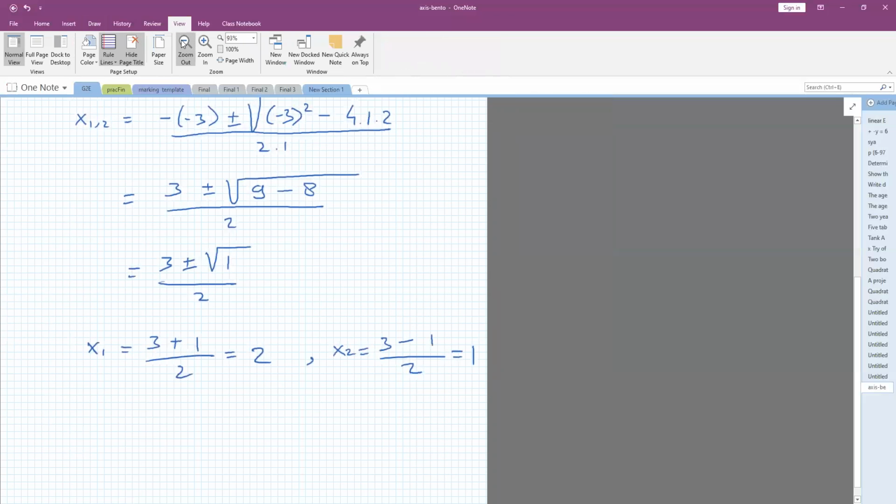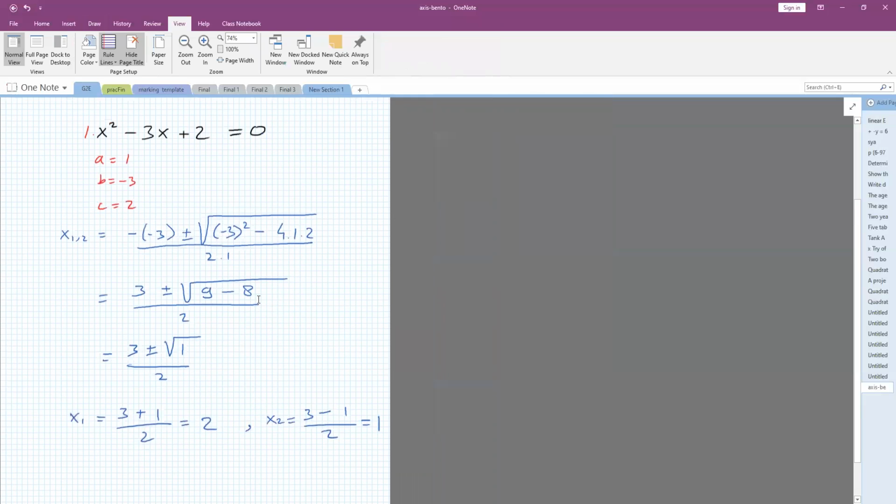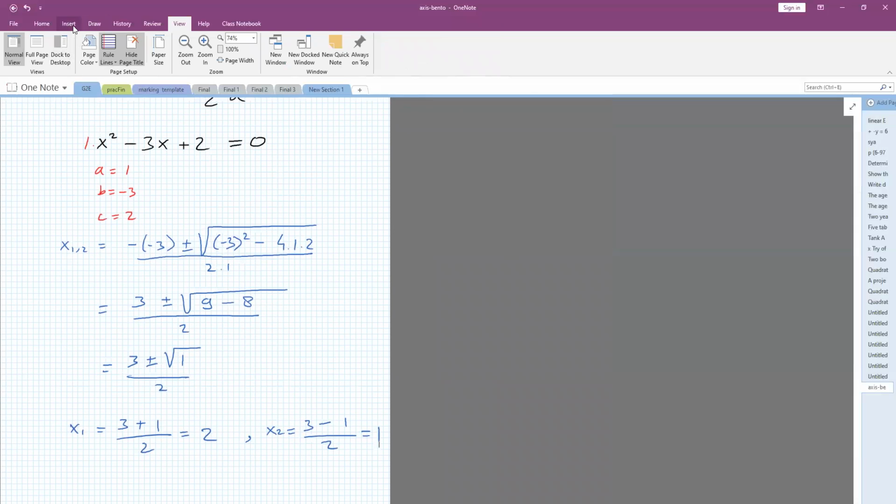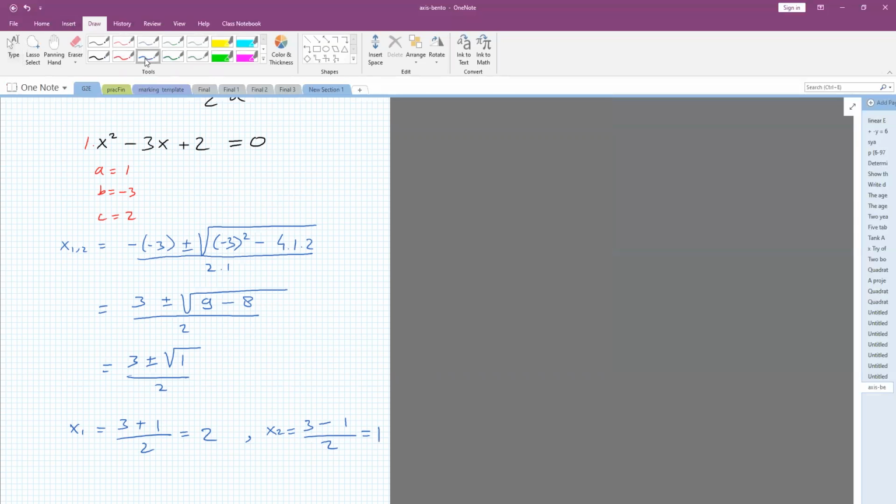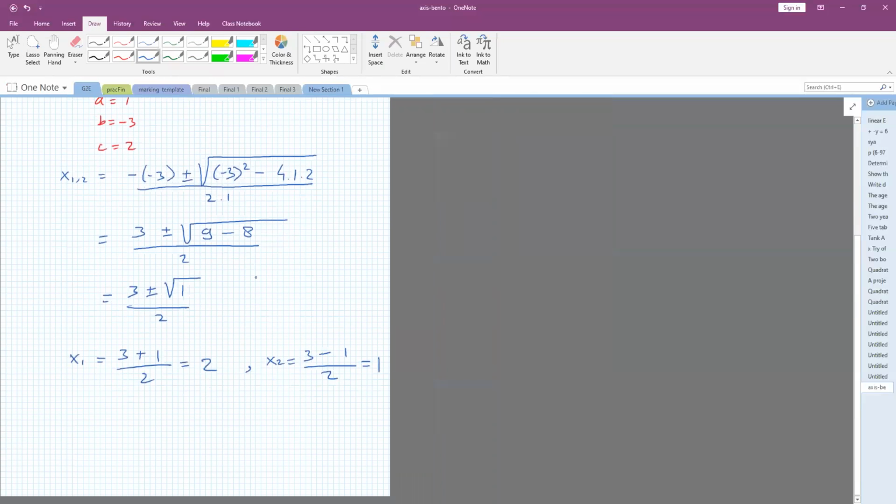And the thing is like this. If you look again at the quadratic equation that we have here, x squared minus 3x plus 2 equal to 0, it originates from the so-called quadratic function f(x) equal to x squared minus 3x plus 2.